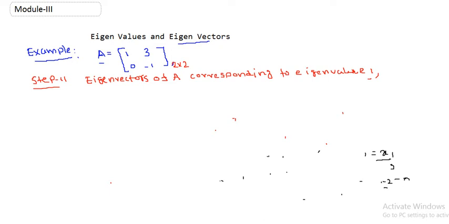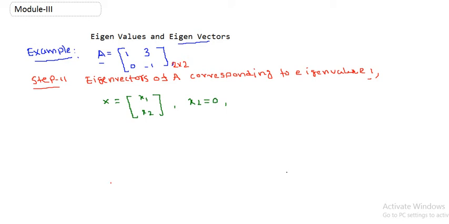So we have the eigenvector x with entries x1 and x2, where x2 is equal to 0 and x1 is any number. x1 does not depend on the equations.